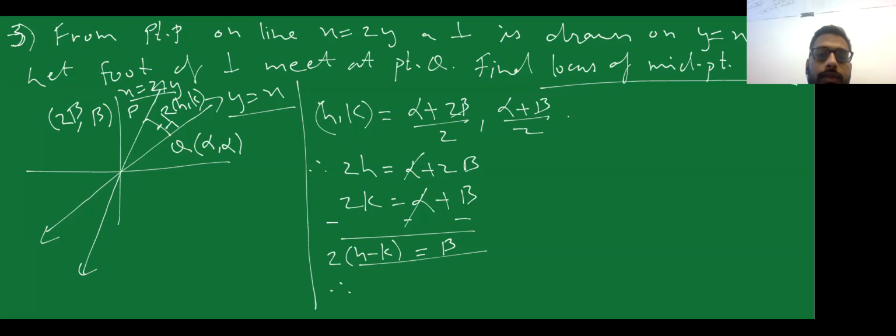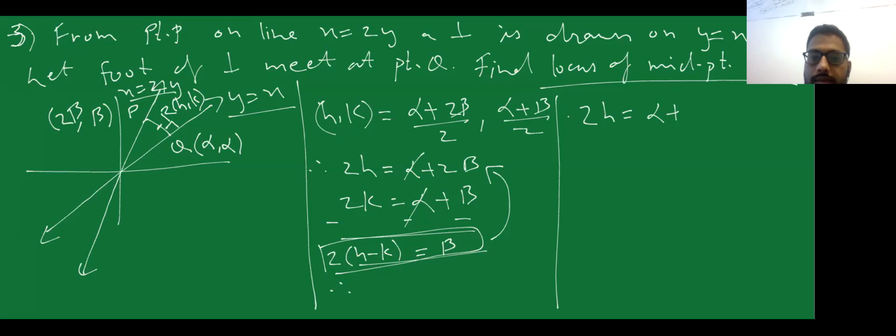Now, using this term, beta is equal to 2 into H minus K, I can get the value of my alpha. Substitute the value of beta over here. I can say that 2H is equal to alpha plus beta.